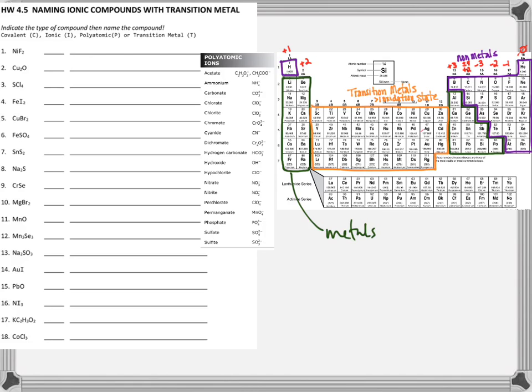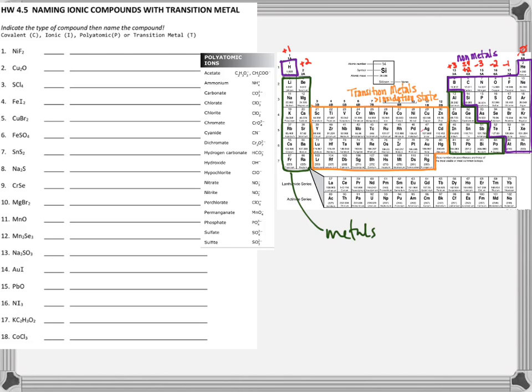That's different from everything else that we've covered so far. When we talk about groups 1, 2, 13 through 18, those oxidation numbers do not change. Okay, well, with some exceptions, but we're not there yet. Okay, but transition metals, those vary. And so that's what we're going to try to figure out today.